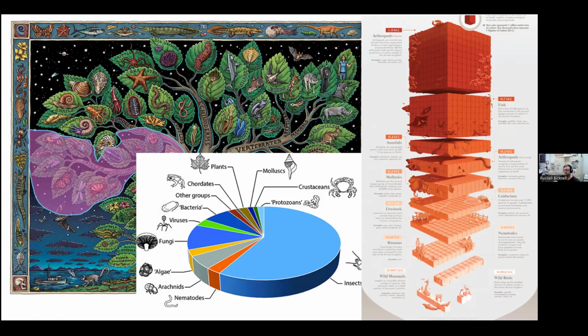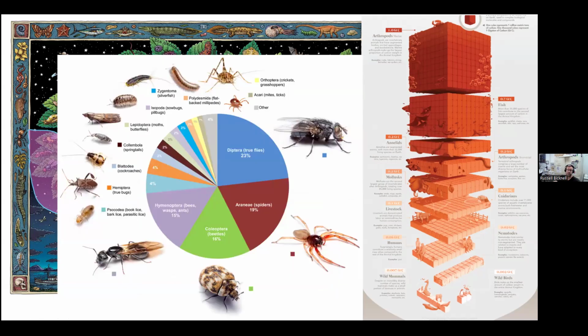Within arthropod groups, the majority are basically flies, spiders, beetles, and wasps, with much smaller divisions elsewhere. So maybe we want to look at some of these larger groups if we're trying to understand change through time. That's your crash course in why arthropods are cool.